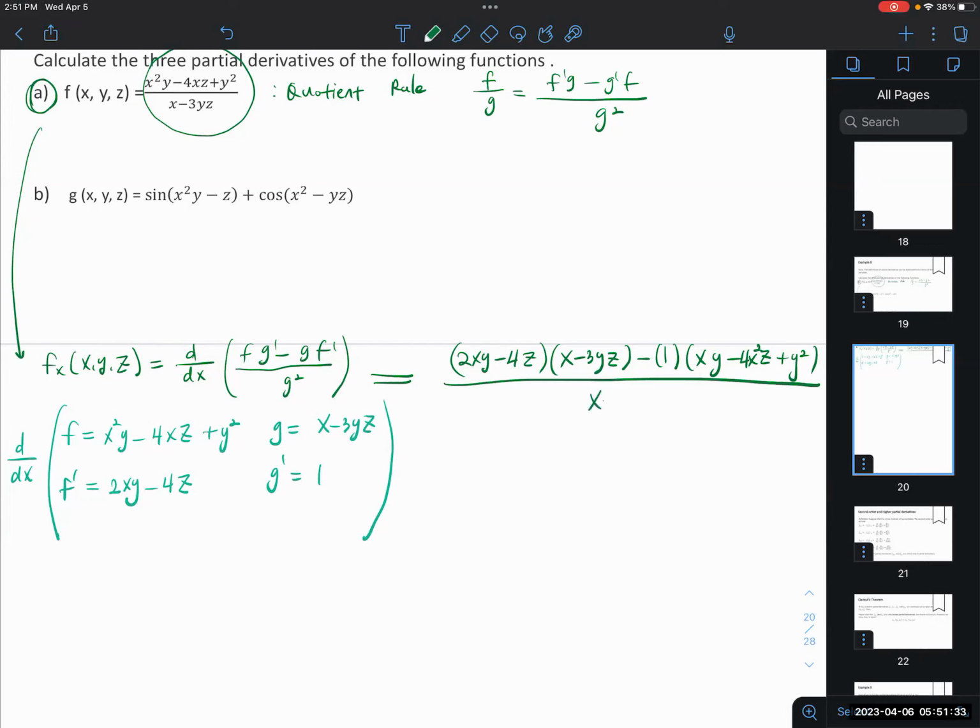So x minus 3yz to the 2nd. So you can expand it at the top. So 2x squared y minus 6xy squared z, so all the rainbow, minus 4xz plus 12yz squared. And then the rest of them minus xy.